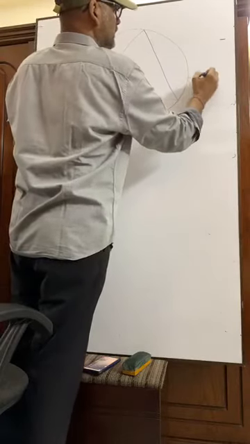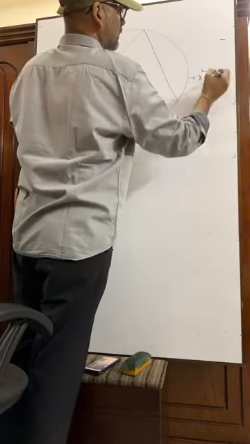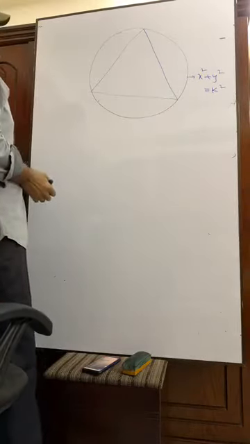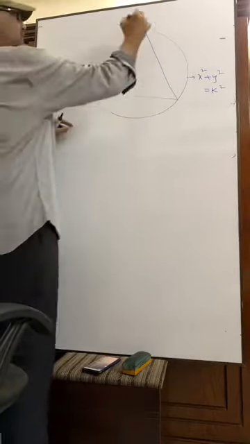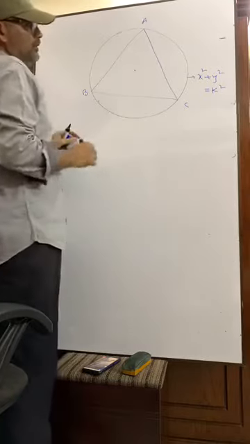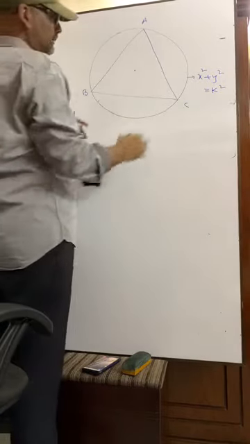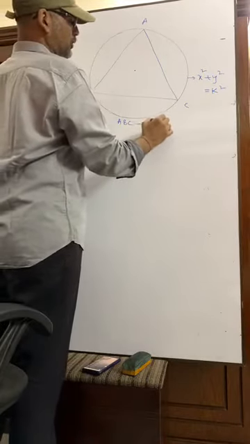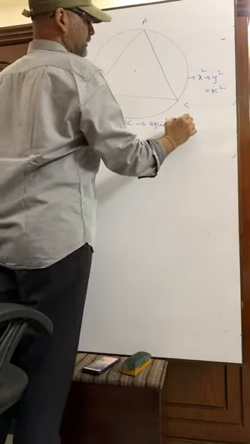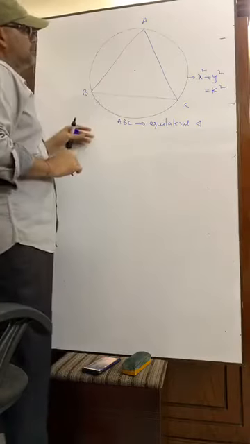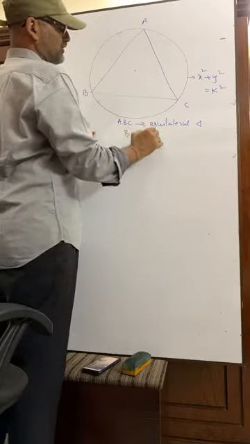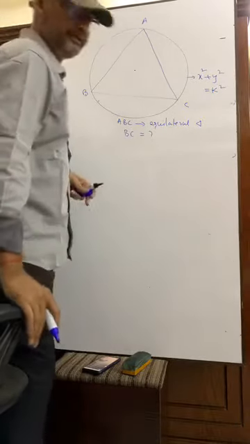Suppose x square plus y square equals k square. This is ABC. This is O. ABC is an equilateral triangle. Just let me know, BC equals what? Do it.